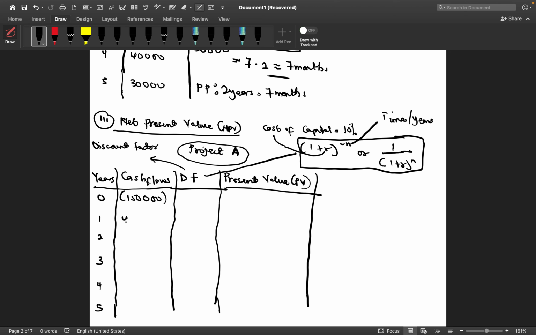Year 1 was 40,000. I'm still using the cash flows for project A. Year 2, 50,000. Year 3, 60,000. Year 4, 50,000. Year 5, 40,000.